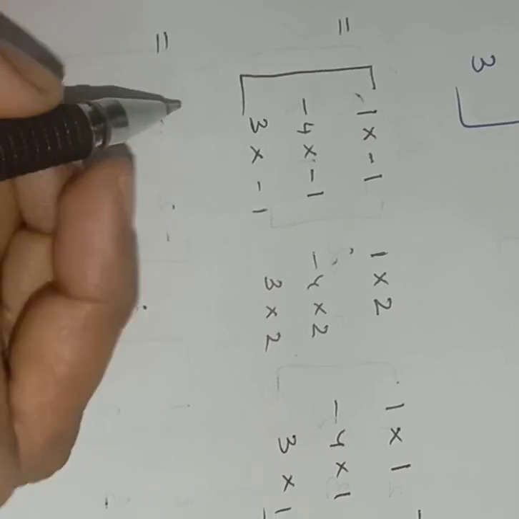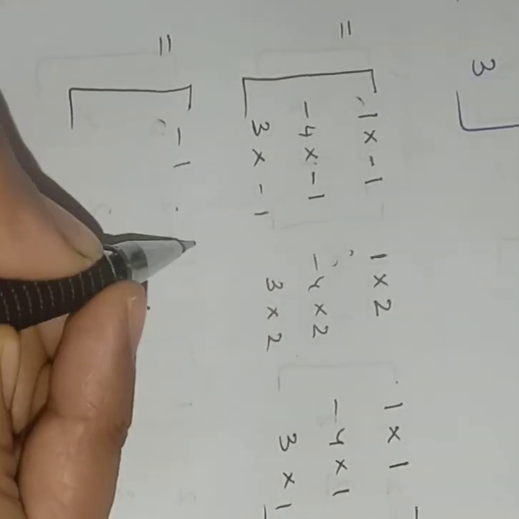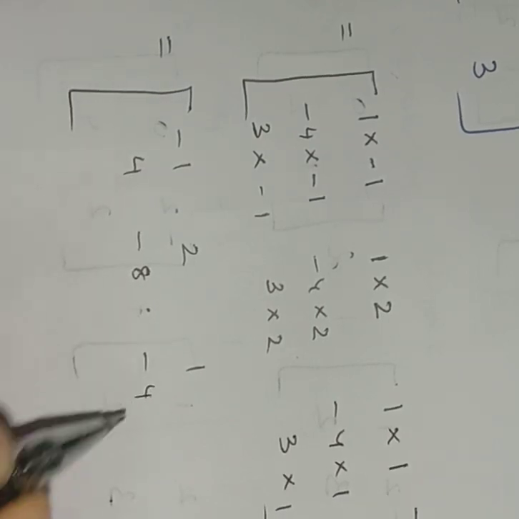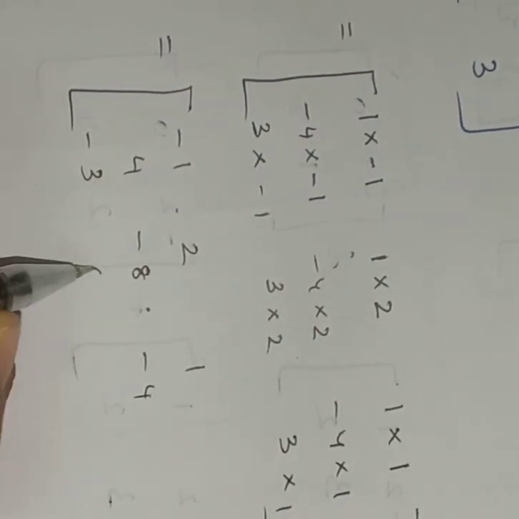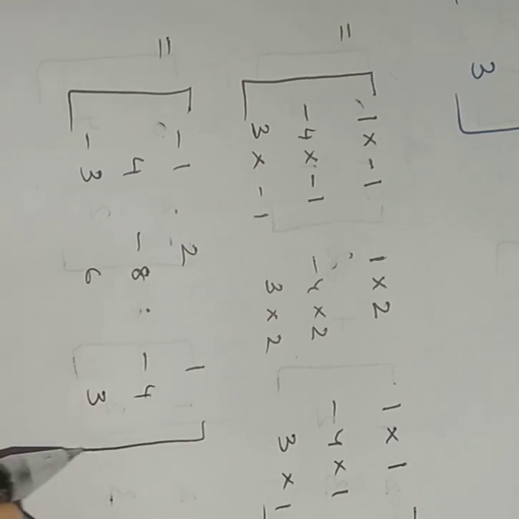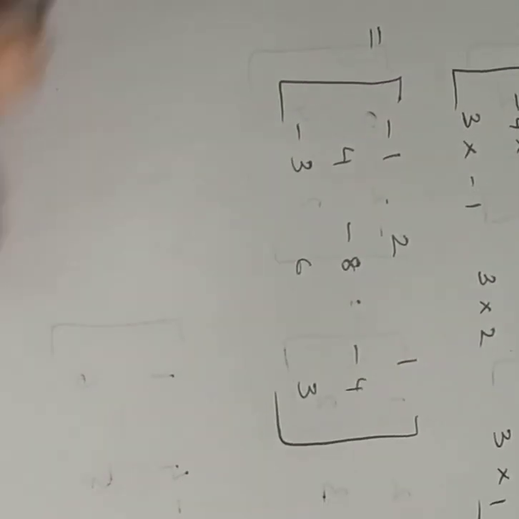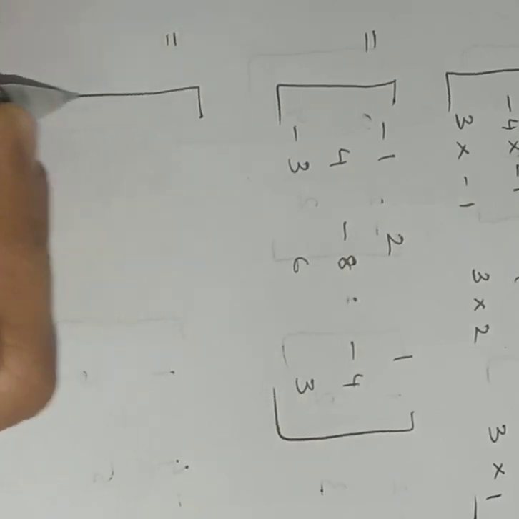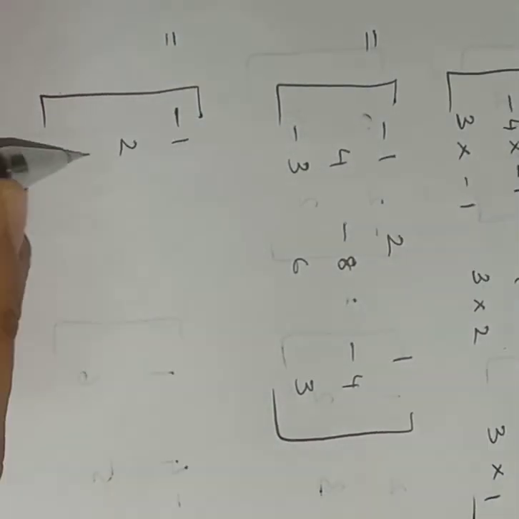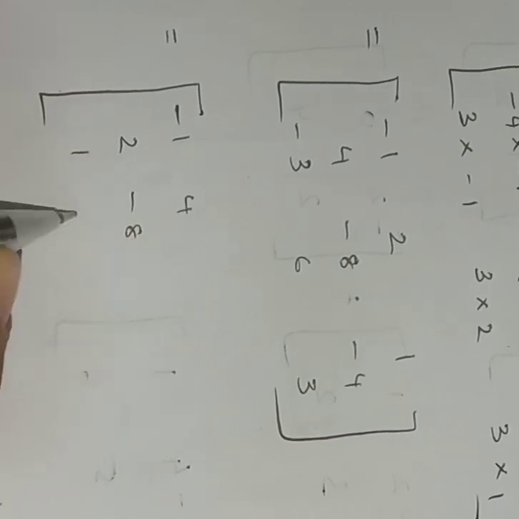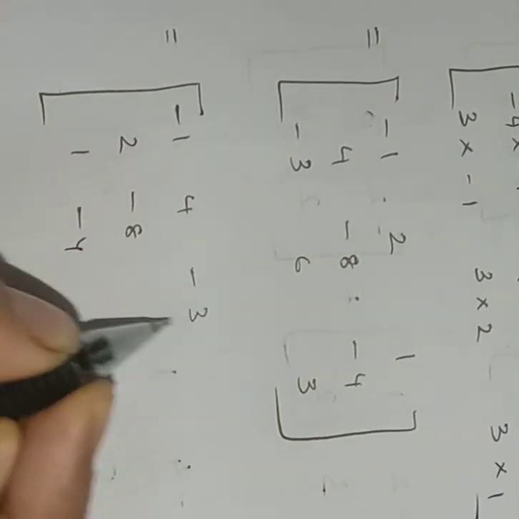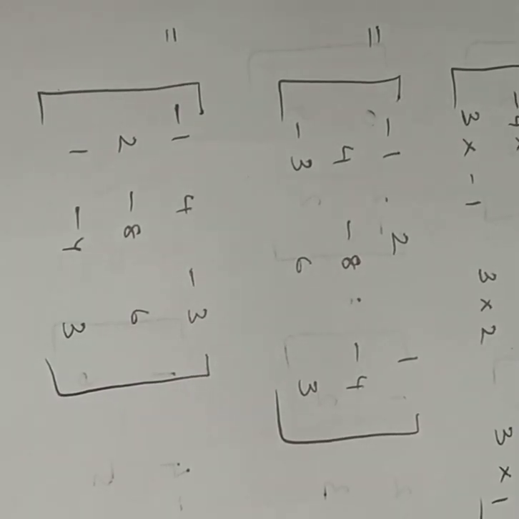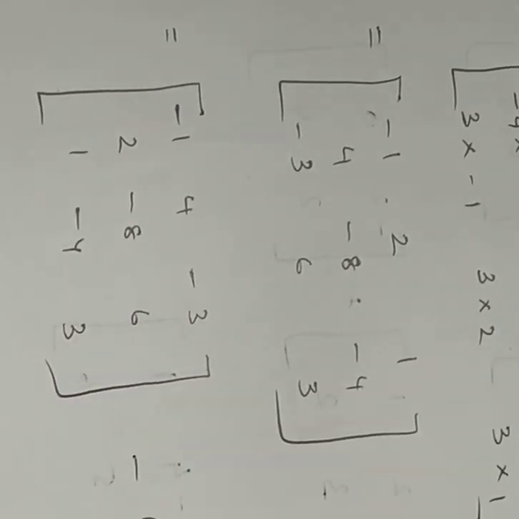Just simplify this and write minus 1, 2, 1, 4, minus 8, minus 4, minus 3, 6, 3. This is your AB. And (AB) the whole dash is equal to minus 1, 4, minus 3, 2, minus 8, 6, 1, minus 4, 3. This is your (AB) the whole dash. Keep this as the first equation.